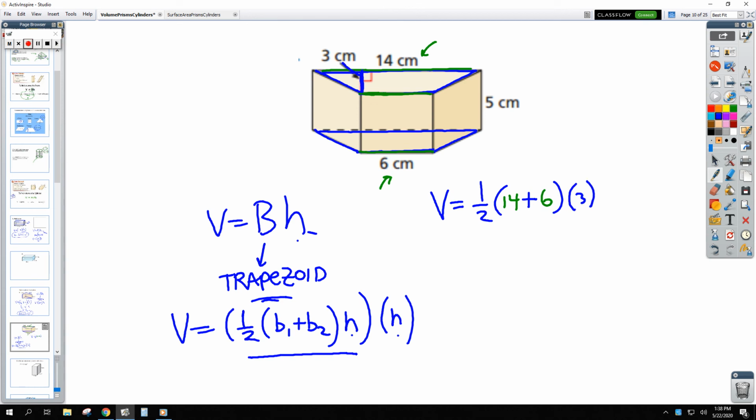Times all of that by the height of the prism. What is the height of the prism? What is the perpendicular distance between the two bases? In this case, it's 5. Everything is plugged in. Let's work this out. Order of operations says I have to add 14 and 6 first.